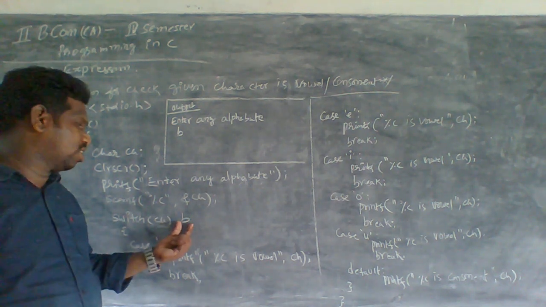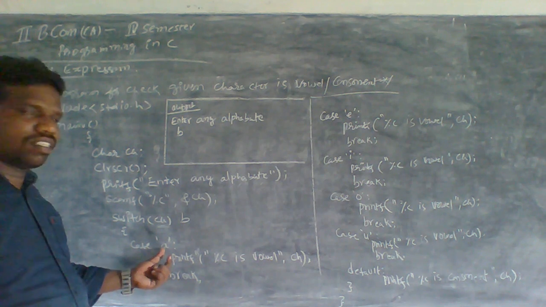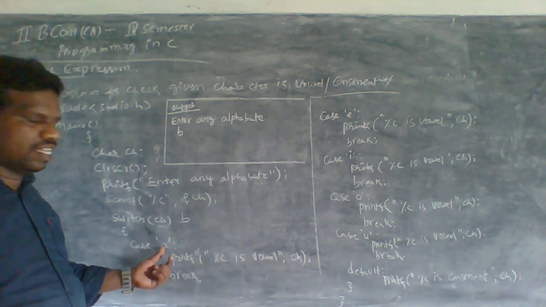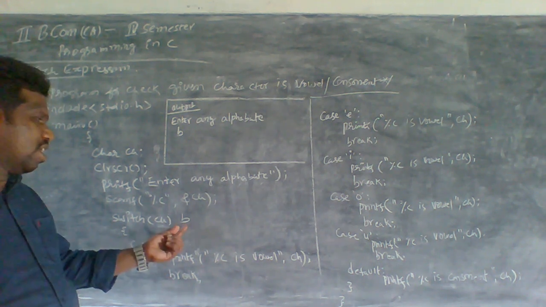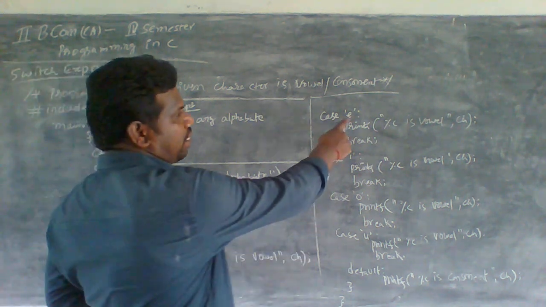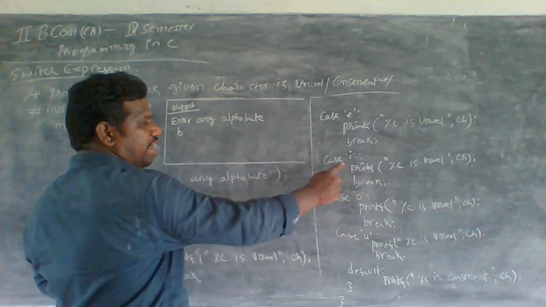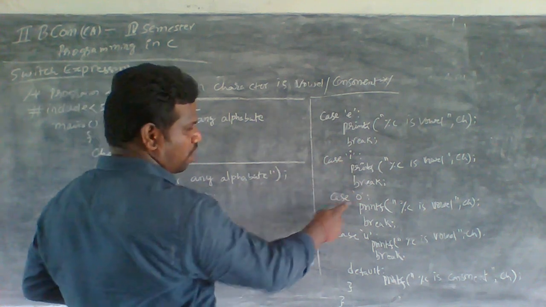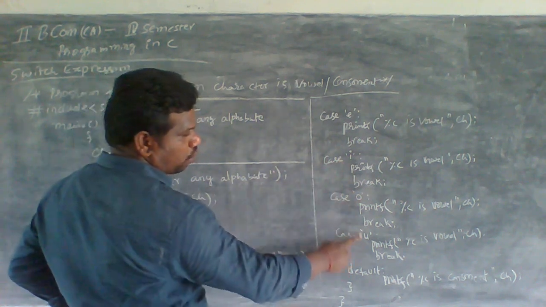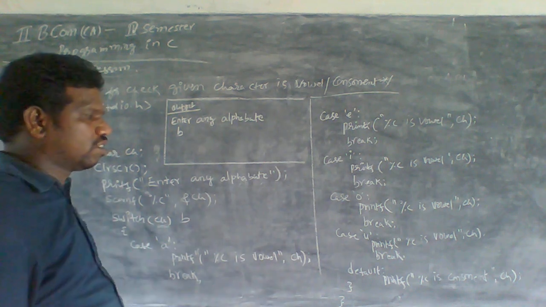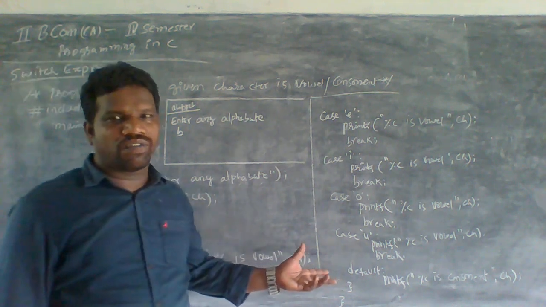Will this be matched with this case? It is not matched, because here it is A, here it is B. B is not matched with E, B is not matched with I, B is not matched with O, and B is not matched with U. All the cases of the switch are false here.